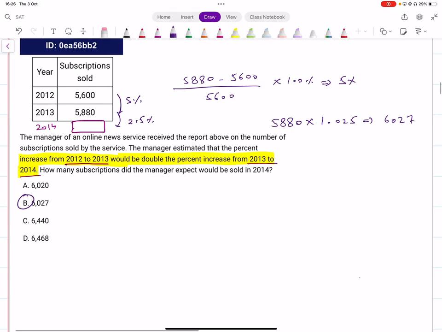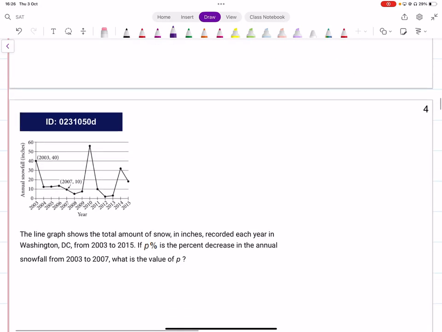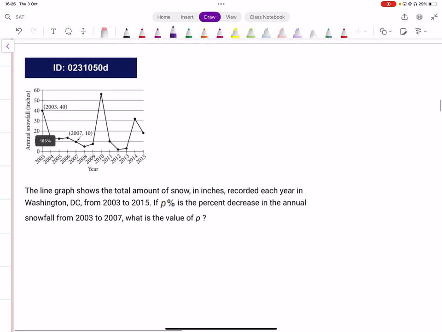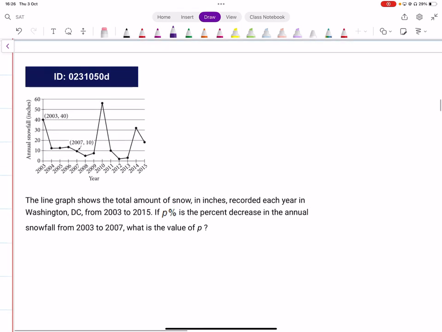Okay, let's move on. That was question number 3. Question 4. The line graph shows the total amount of snow in inches recorded each year in Washington from 2003 to 2015. Okay, you can see that in the graph.